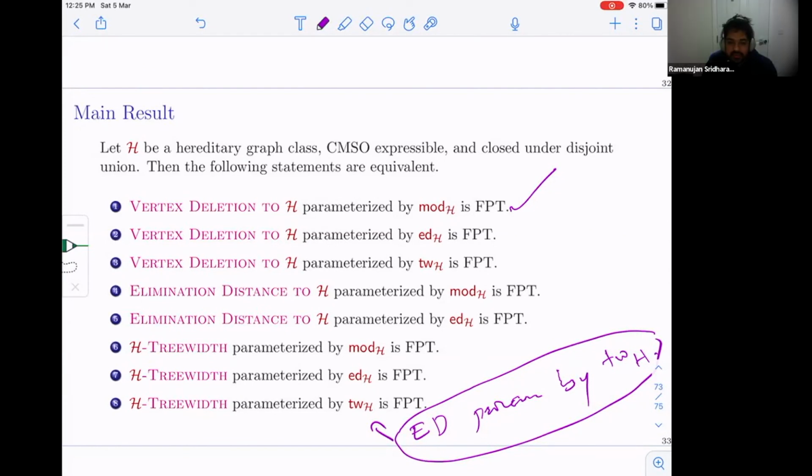So Fahad, what is your belief about this missing case? Which one, sorry? I didn't get. I'm not able to listen to you. We can hear you, Fahad.